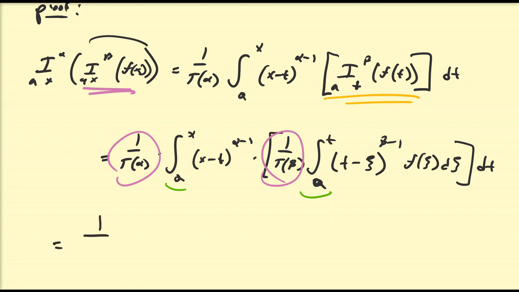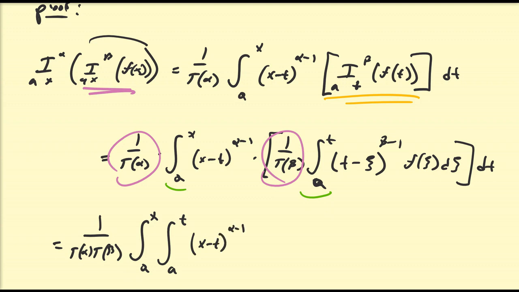So this is just going to be equal to 1 over gamma alpha, gamma beta. And then we have the integral from a to x of the integral from a to t of (x minus t) to the alpha minus 1, (t minus psi) to the beta minus 1, f of psi, d psi, dt.